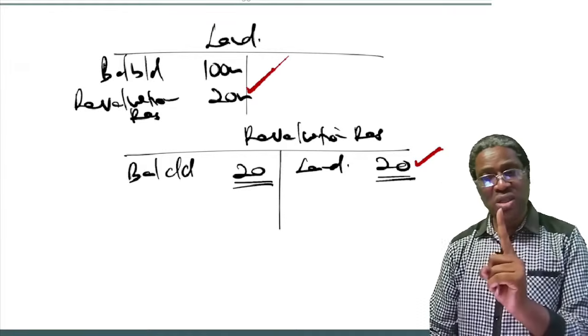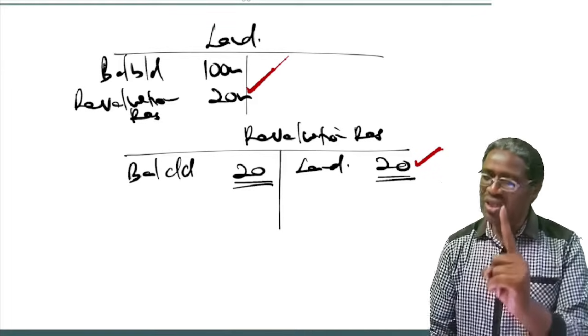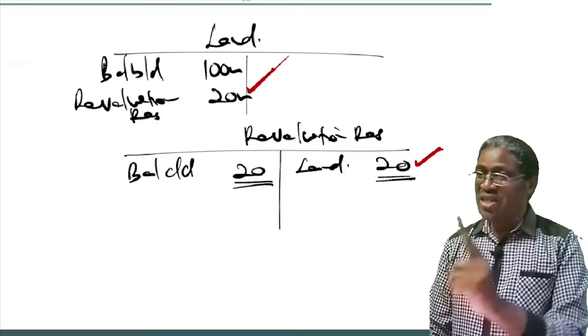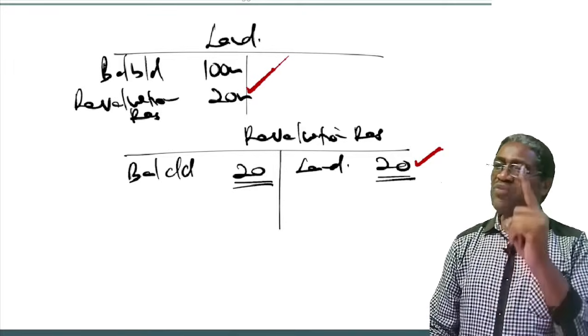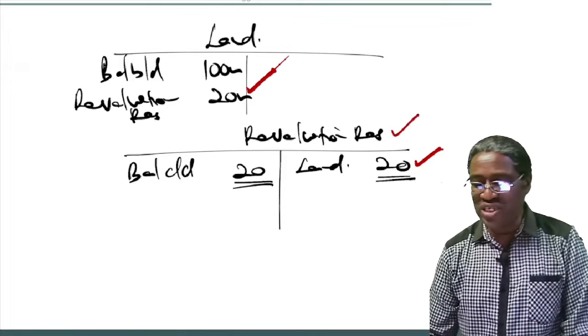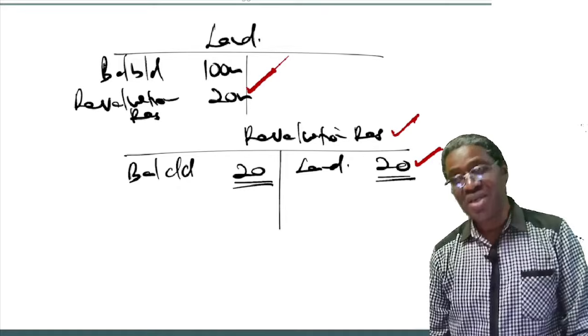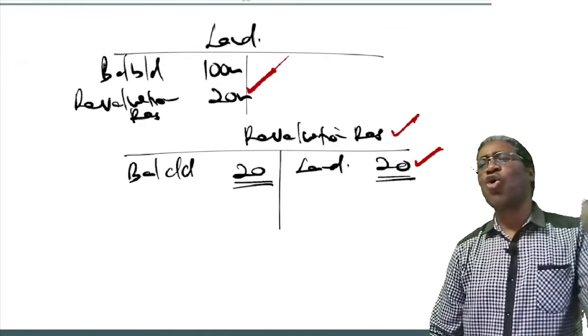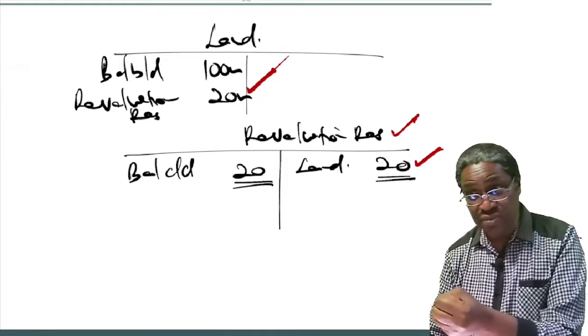No. The rule says when you revalue a fixed asset, you debit the asset and you credit revaluation reserve. Then that revaluation reserve goes to the balance sheet as a component of equity.